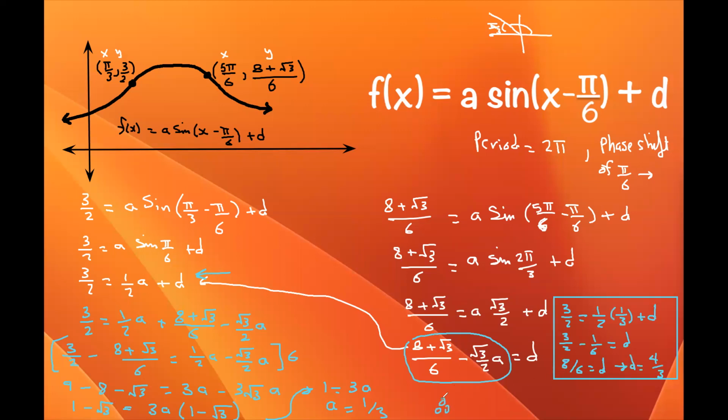And therefore, my final answer, I'm going to write it in green, f of x equals 1/3, that's what the A is, sine x minus pi/6 plus 4/3.